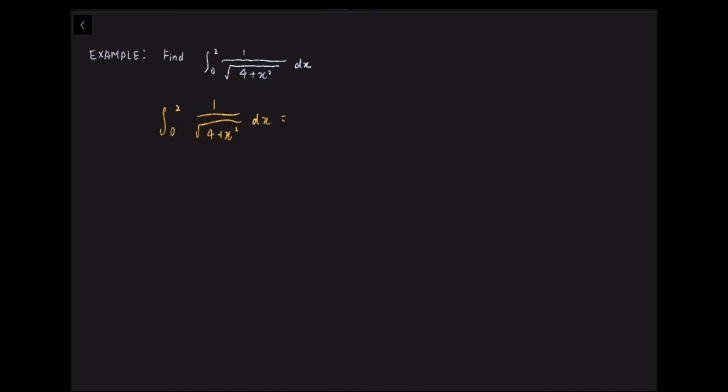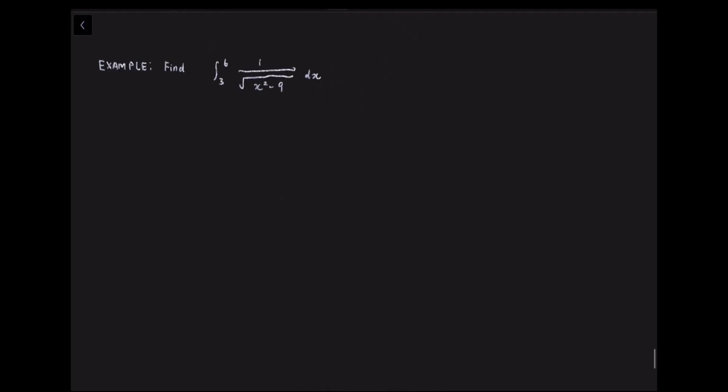So integrating 1 over the square root of 4 plus x squared dx equals the inverse of sin x over 2. And plugging in the boundaries 0 and 2, we obtain inverse of sin 1 minus inverse of sin 0. And inverse of sin 1 in its logarithmic form is ln 1 plus root 2.